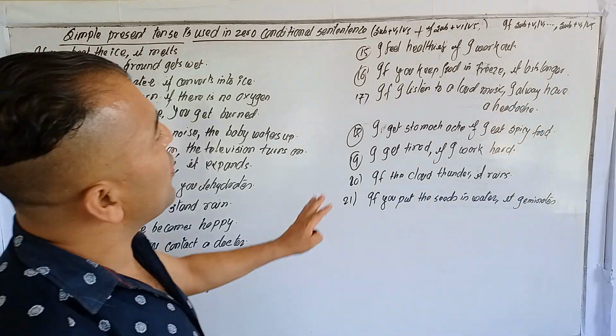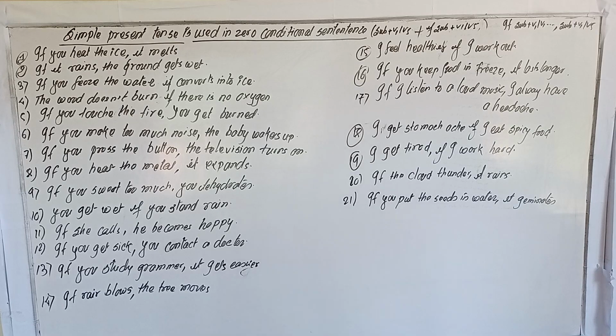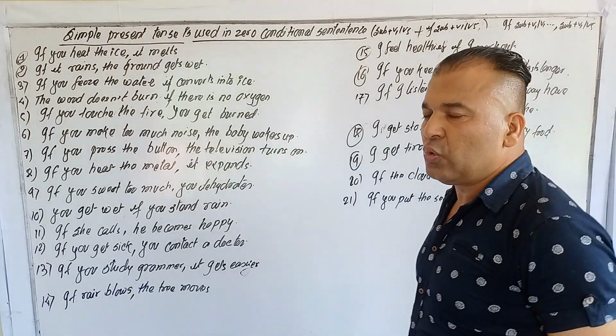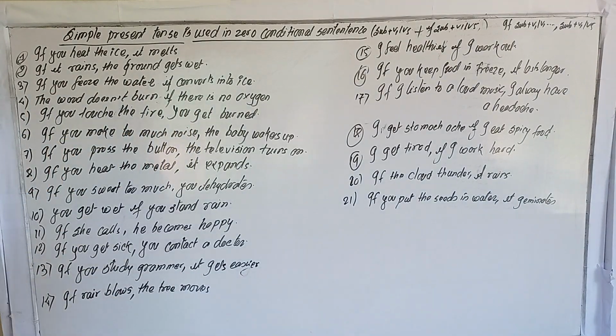Understand? If the if clause is in front, you have to follow it with a comma. Otherwise, no need to put a comma in a zero conditional sentence in the simple present tense.